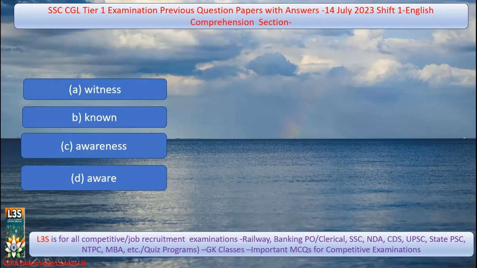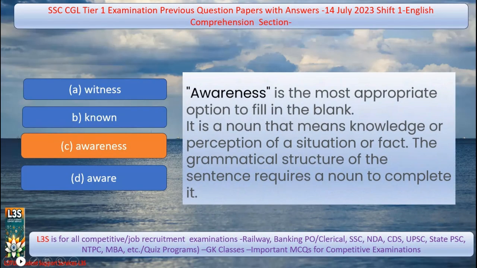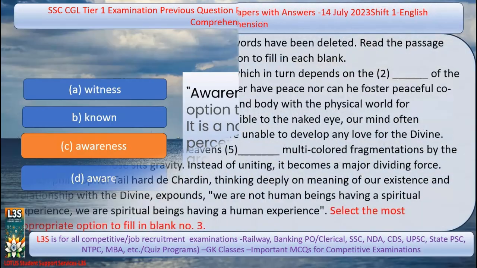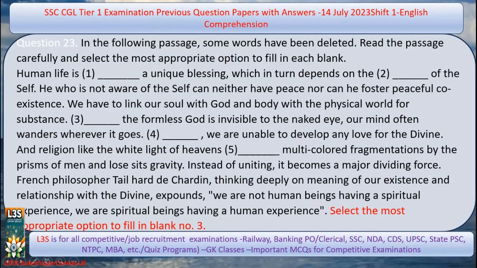So the correct option will be C. Awareness. Awareness is the most appropriate option to fill in the blank. It is a noun that means knowledge or perception of a situation or fact. The grammatical structure of the sentence requires a noun to complete it. So the full sentence will be: human life is considered a unique blessing which in turn depends on the awareness of the self.